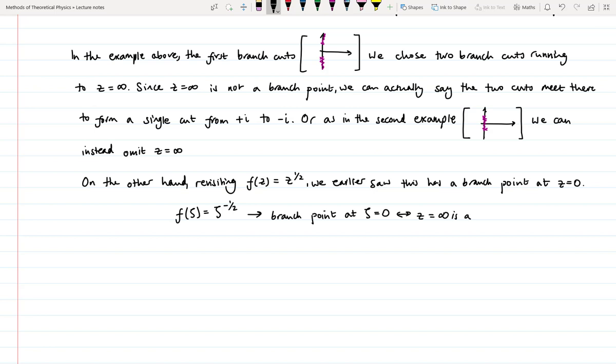This is a branch point. That means that in that example, we had to join z equals 0 and z equals infinity with a single cut.